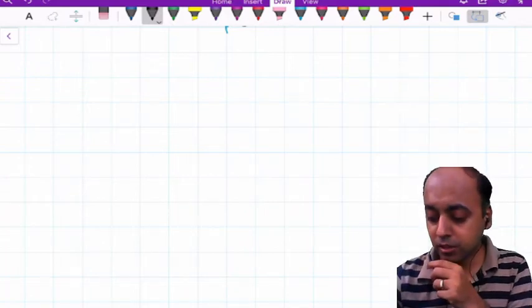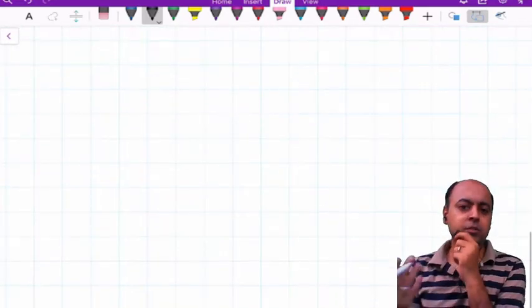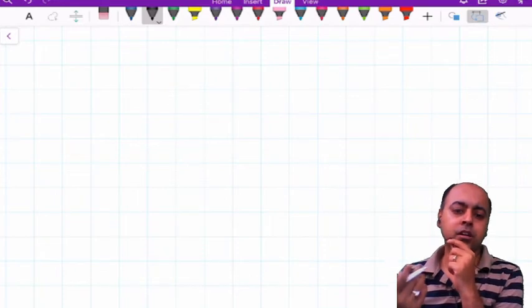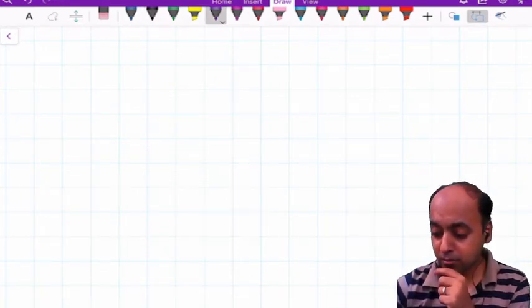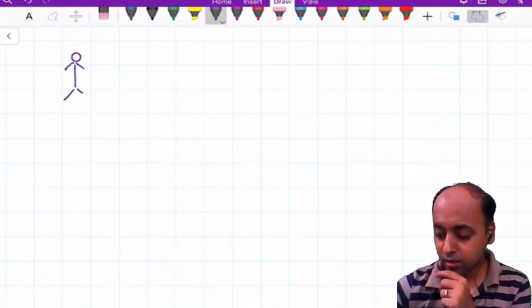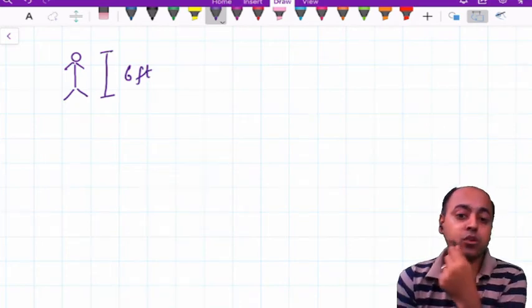See, in our body, let's take the example of an average student. Typically, if you take a young first year male student, maybe the height of a very athletic boy can be at most 6 feet, or maybe 6.1 feet, 6.2 feet.